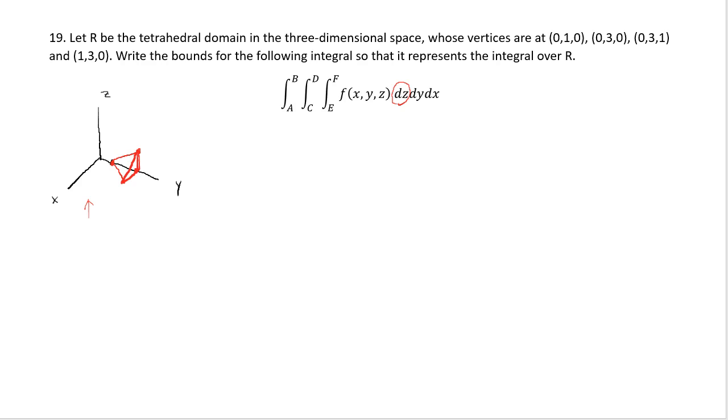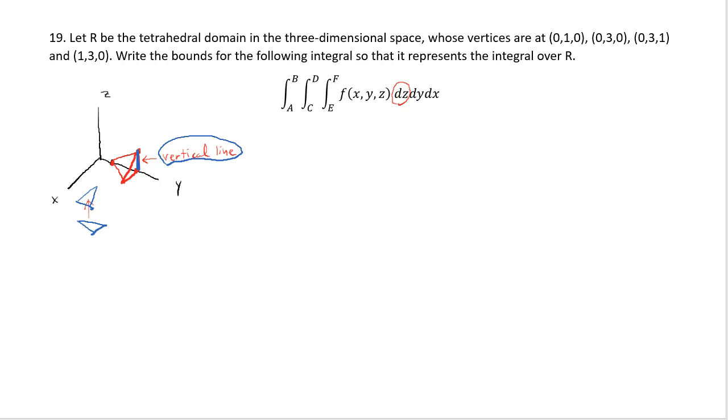Note that this line here is a vertical line. Therefore, maybe I should put this as a blue one. Really, you're starting from this triangle in the bottom, and you're ending at this other triangle that's on this side, on top.